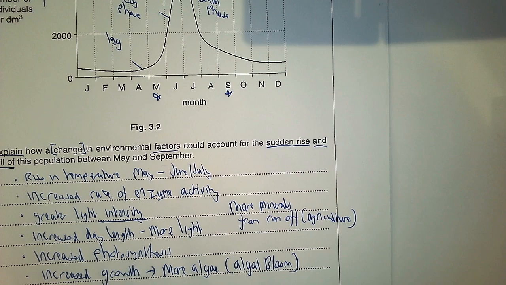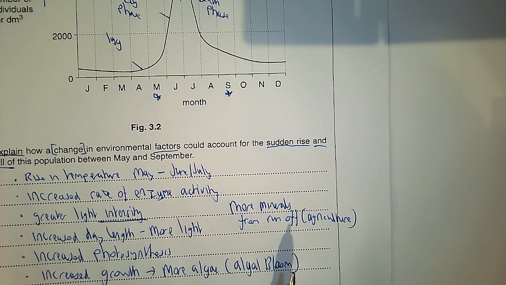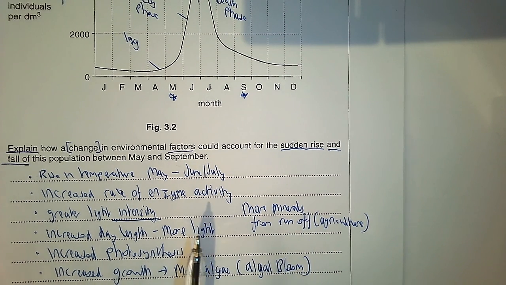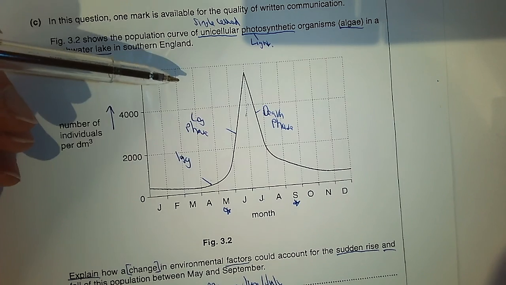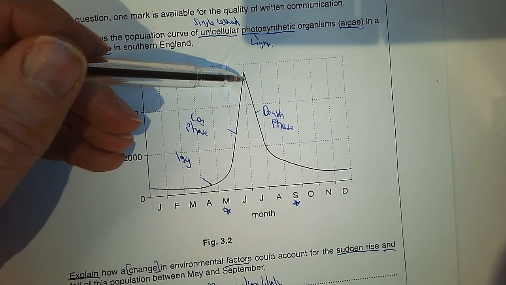So that would cause a greater increased rate of photosynthesis as well, and more growth. Right, so that's explained why there's an increase in populations in the algae.